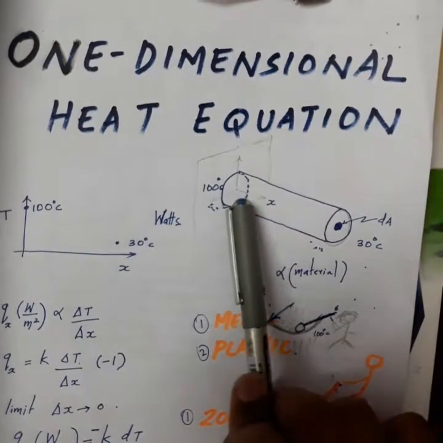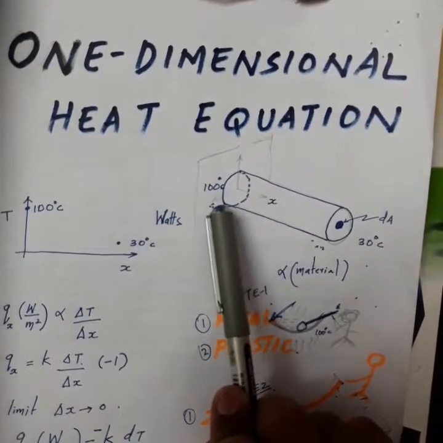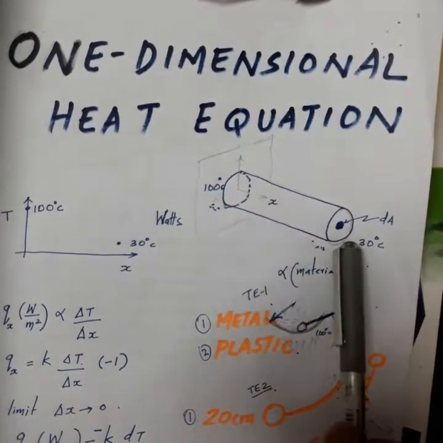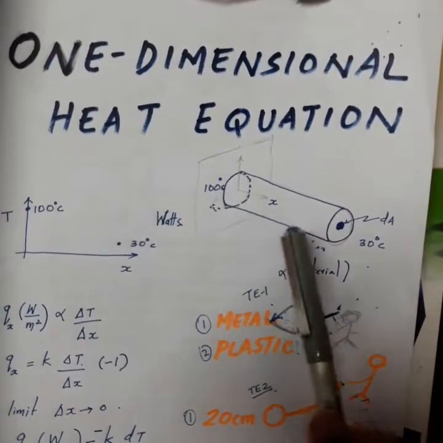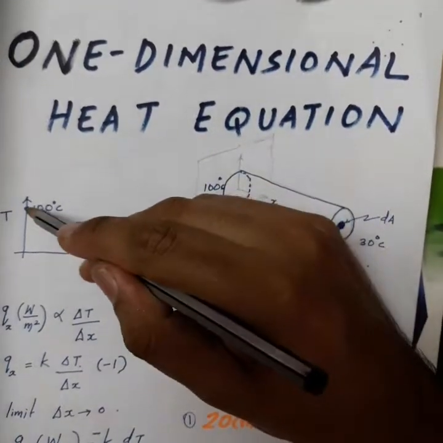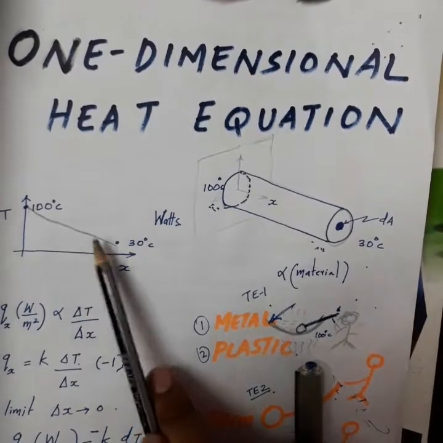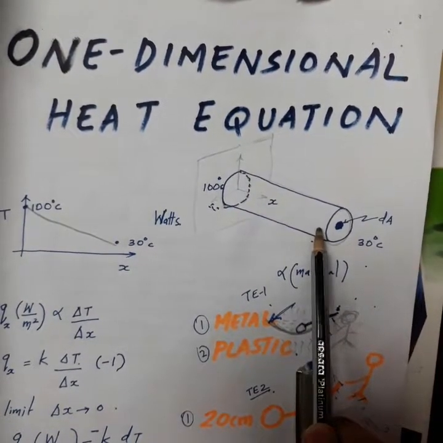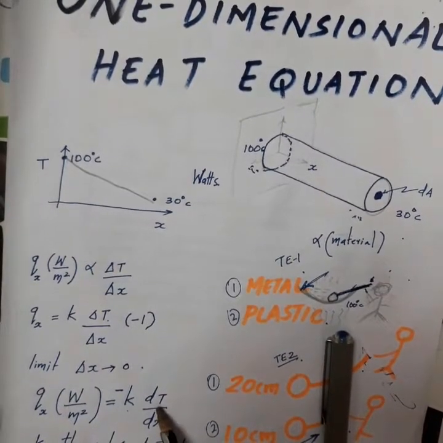In this case, heat flows from the point at which the temperature is 100 degrees Celsius to the point at which the temperature is 30 degrees Celsius. If you calculate dT by dx, say for a straight line like this, then obviously dT by dx is decreasing, so this value in this expression will be negative.